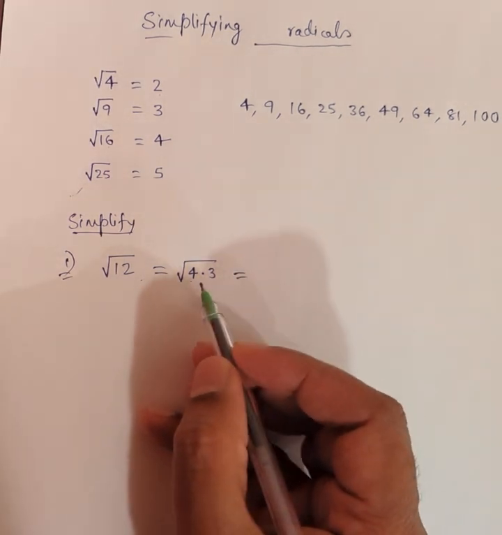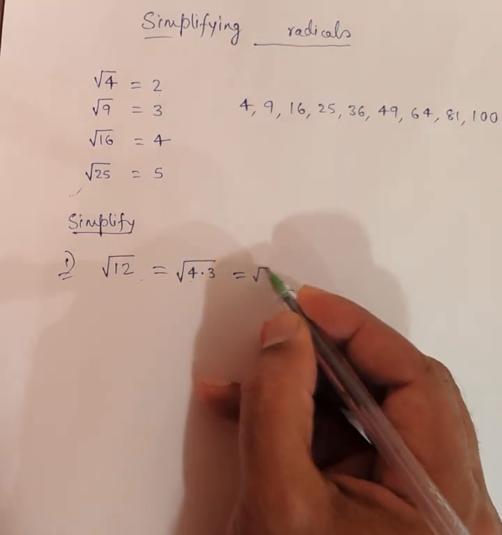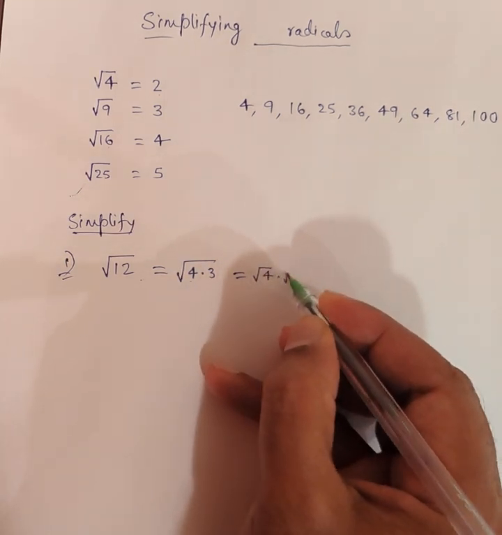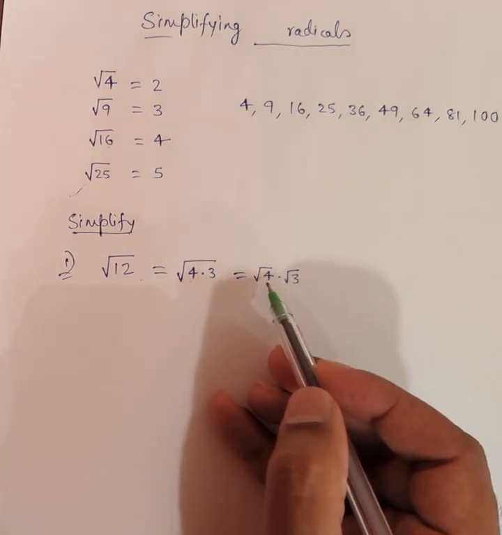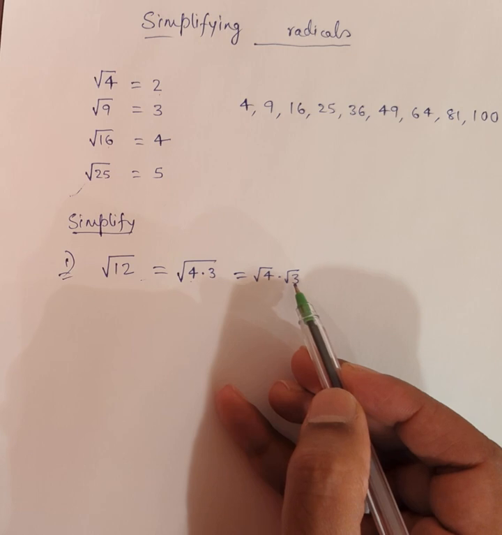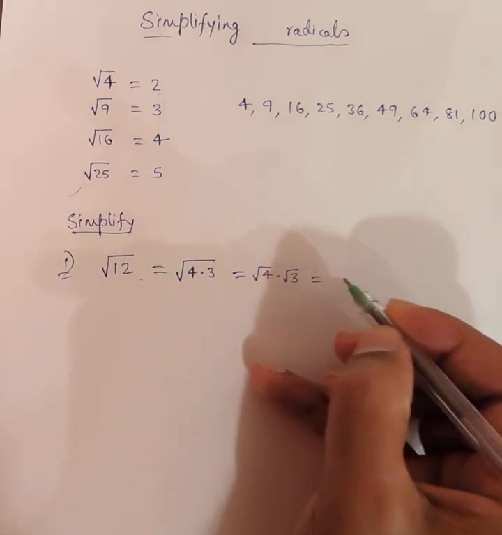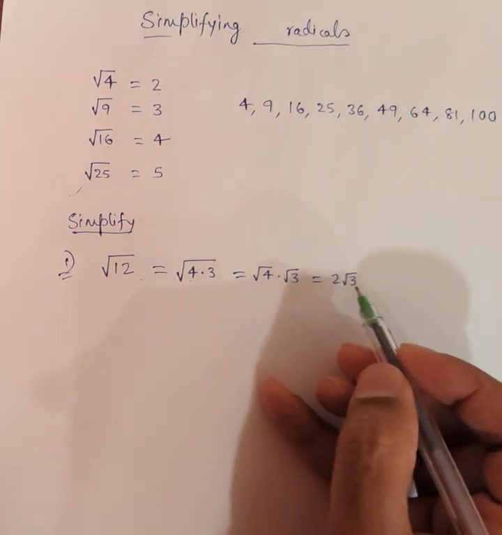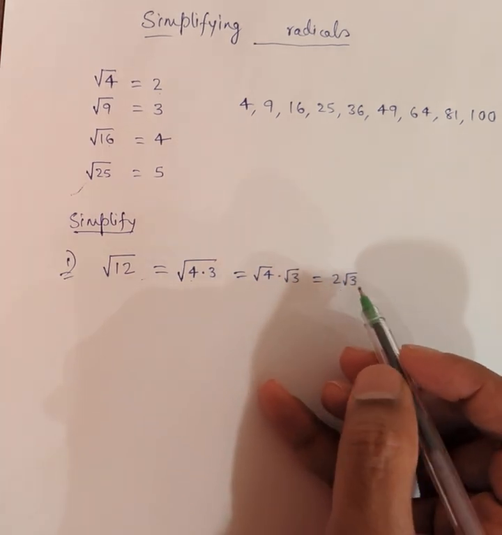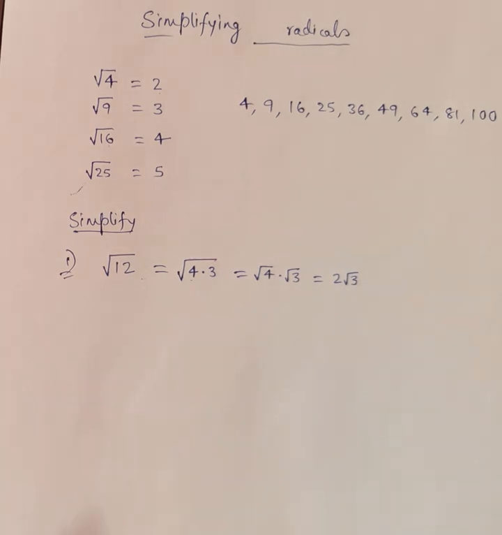So now square root of 4 times 3, you can separate them as square root 4 times square root 3. And look, square root 4 is nothing but 2. So it's 2 times square root 3. You just write this as 2 square root 3. Now if you don't have anything in between the 2 and square root 3, it means you're multiplying them.